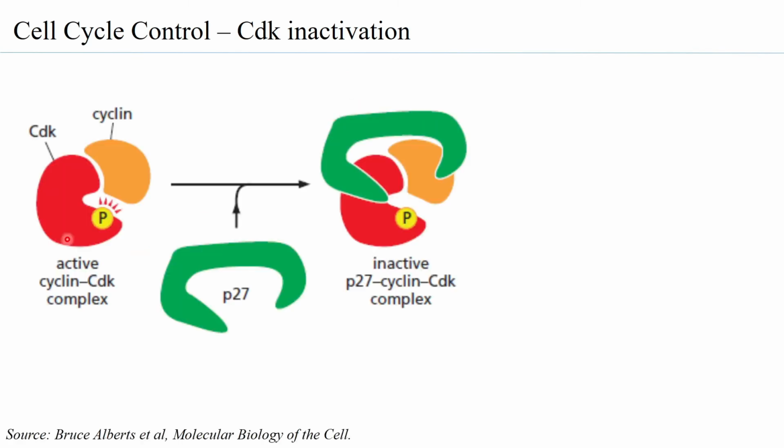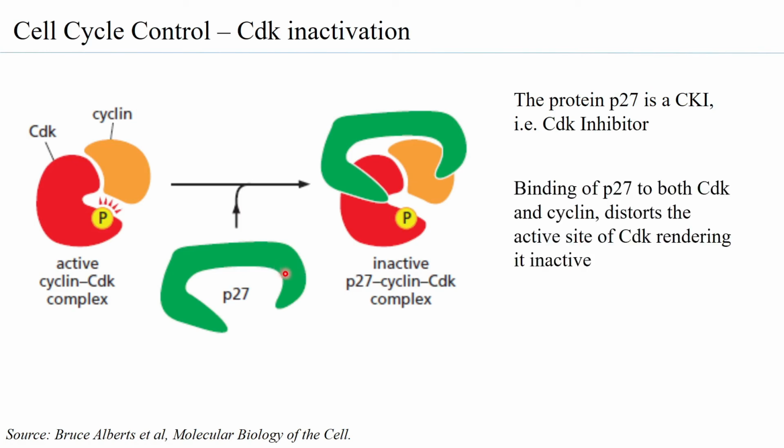Another way of CDK inactivation has been observed. What has been observed is that there is a protein called P27, which is basically a CDK inhibitor, and this P27 can bind to both the CDK as well as to the cyclin. So as the P27 binds to both the CDK and the cyclin, there is a conformational change, very obvious conformational change.